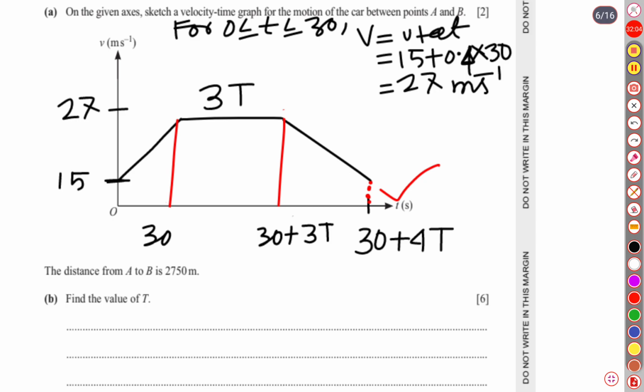For this, we are going to apply the formula. Considering the third trapezium, here the time is from 30 plus 3t until 30 plus 40.